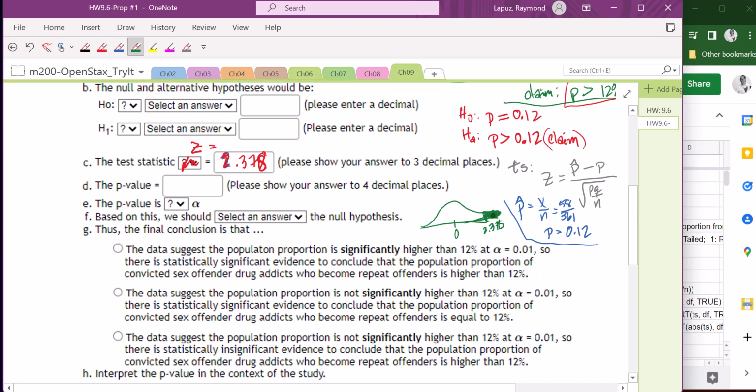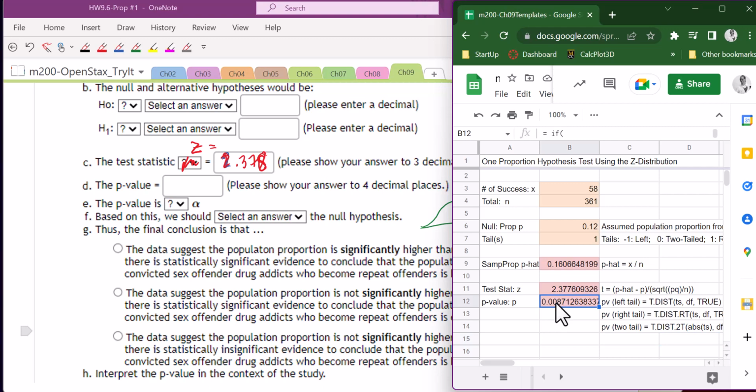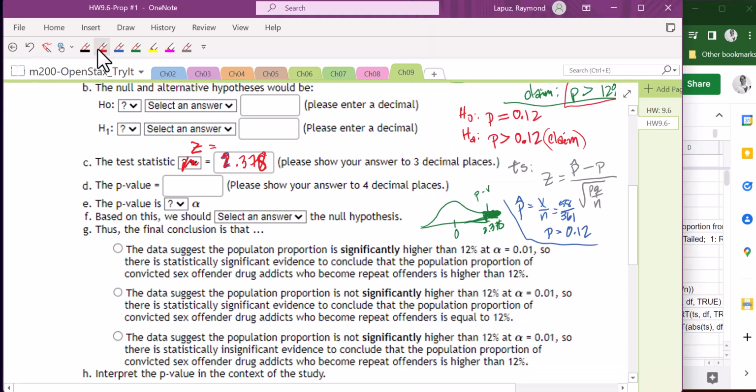And so the area here is going to be your p-value. And since it's more than 2 standard deviations away, we would expect that to be fairly small. And in fact, it's going to be 0.0087. So our p-value is 0.0087. Okay, which is small.